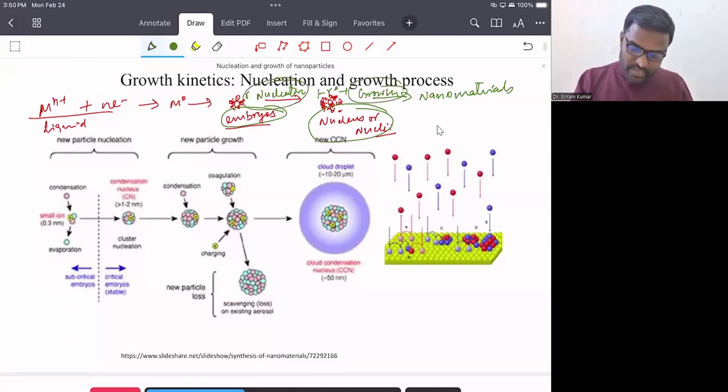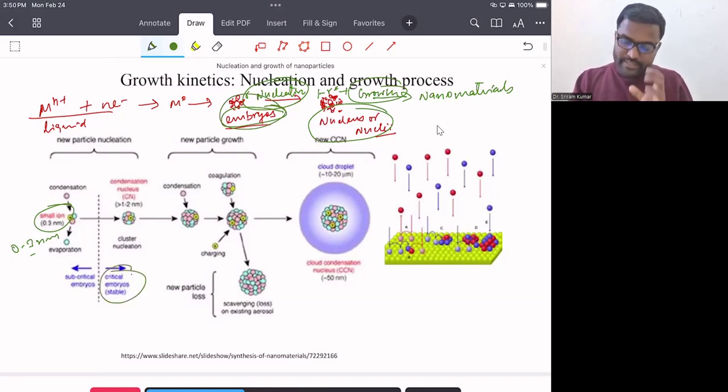So what happens here, we have small ions, with a size of maybe 0 to 3 nanometers, or maybe smaller than that. There is a kind of condensation process, and there is the formation of embryos.